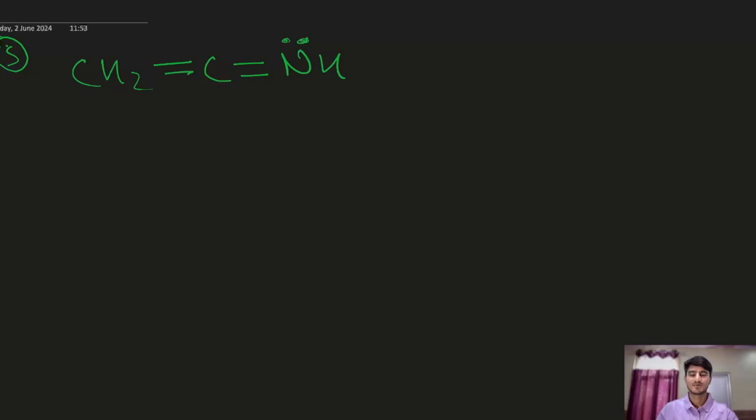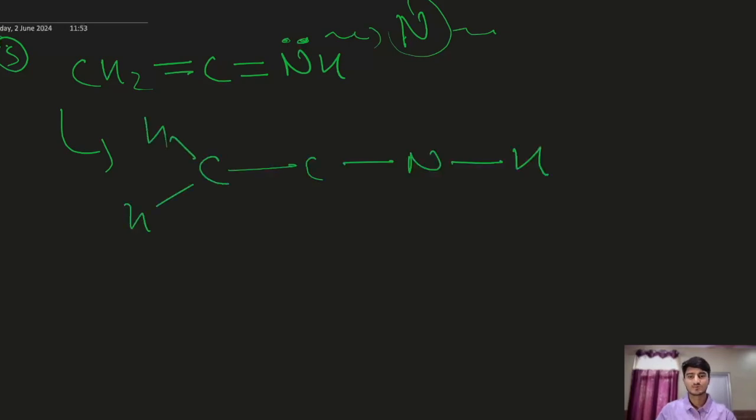Again, have a look at another example. Pause the video and try to solve this. Predict what will be the hybridization of this nitrogen. Again, we use the same approach. First we have to draw its molecular picture. The pi bond is forming between these two carbons, so px of this carbon and px of this carbon form a pi bond.